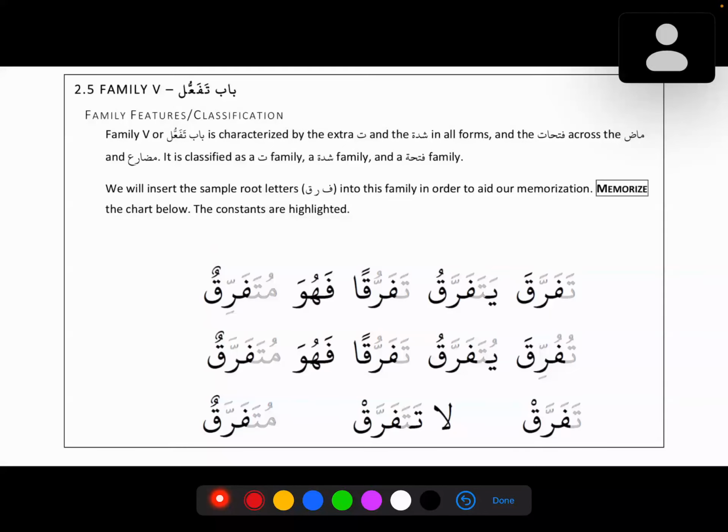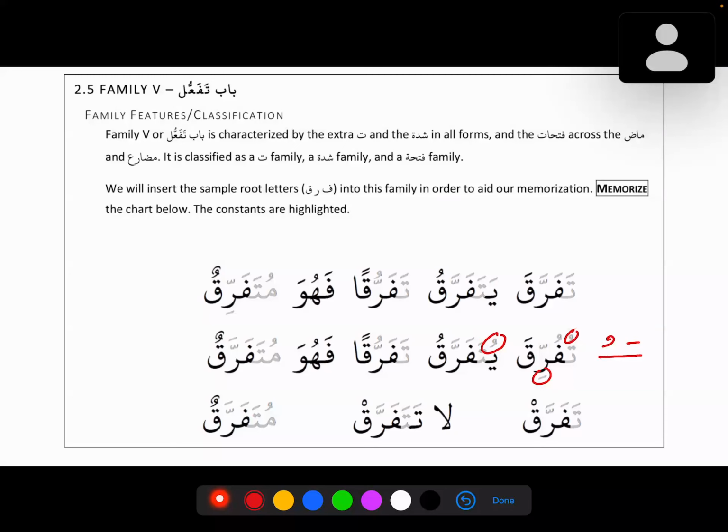Then tufurriqa. So this is our majhul, right? Tufurriqa, yutafarraqu. So U and E sound in our Madi version, and U and A sound for our Mudariya majhul version, with a fatha on the middle root letter.